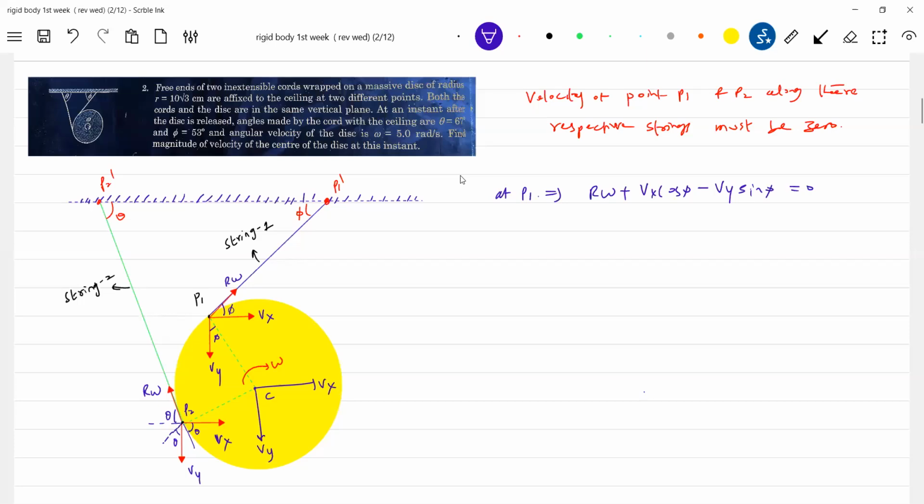At P2, r omega minus Vx cos theta, Vy sin theta. Two equations, two unknowns Vx and Vy, solving that. R is given, no? Small r it is.